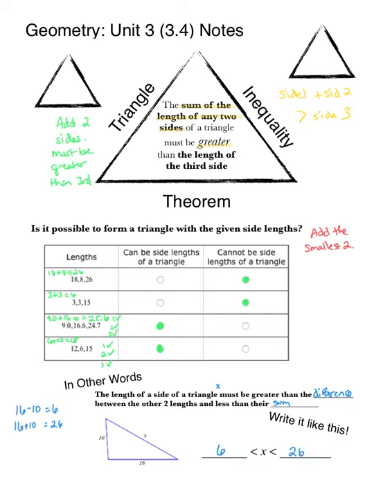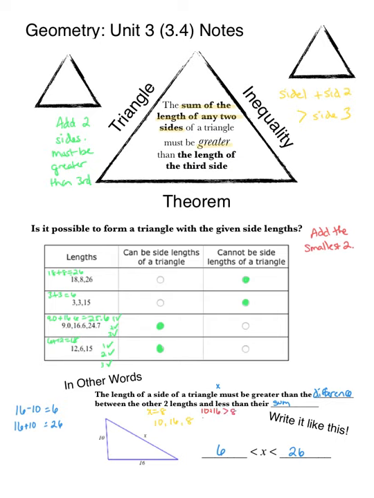Well, let's use a number and let's see if that works, okay? I'm going to try 8. X equals 8. So the triangle sides would be 10, 16, and 8. So let's check. 10 plus 16 is greater than 8.